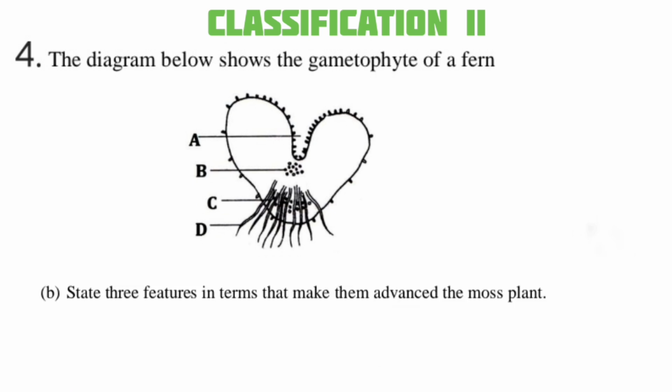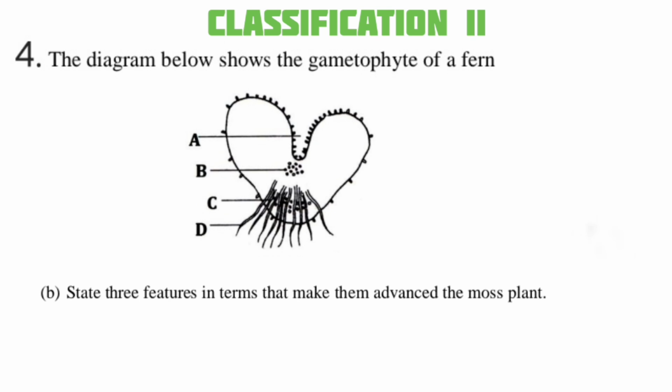State three features that make ferns more advanced than most plants. Now, moss belong to Bryophyta. And as stated before, this is the least evolved division. So, ferns belong to Pteridophyta and are therefore more evolved, more developed. Now, we are supposed to justify this statement, give reasons why ferns will be more developed than moss.